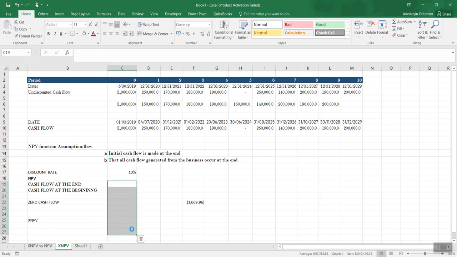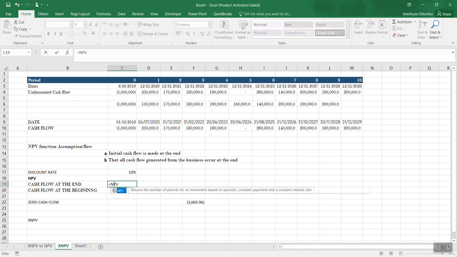For the first one, the initial cash flow occurs at the end. If we want to calculate our NPV, we're going to say equals NPV, rate. That's the discount rate that we're going to use in calculating it. I'm going to select my discount rate here, press comma to move on to my next argument.